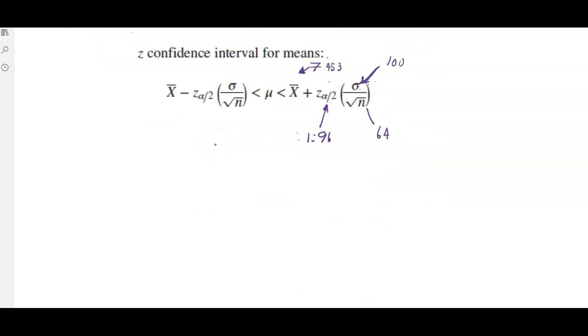All right, so you just have to plug them in. This is going to be 7,453 minus 1.96 multiplied by 100 divided by radical 64. And the mean will be between that value and the other value, which is 7,453 plus 1.96 times 100 divided by radical 64.